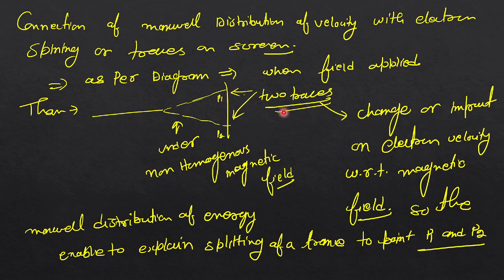Two traces are found on the screen. Change or impact of the electron velocity with respect to the magnetic field: I told you, guys, the magnetic field is non-homogeneous, and because of that there is a variation in the velocity of the electrons. So don't be confused. Because of that change in the velocity of the electrons, they give traces on the screen at different points, as we studied, P1 and P2.